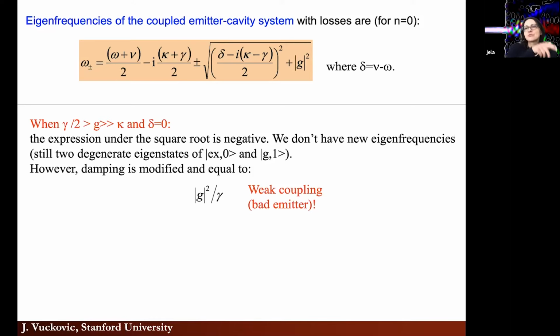You'd better focus on reducing mode volume. So for a bad emitter, you'd rather use something like a plasmonic cavity, because mode volume is small and Q factor doesn't matter anyway. Does that make sense? Keep in mind, this is very similar to the Purcell factor, but it's not exactly the Purcell factor because there is no Q factor here.